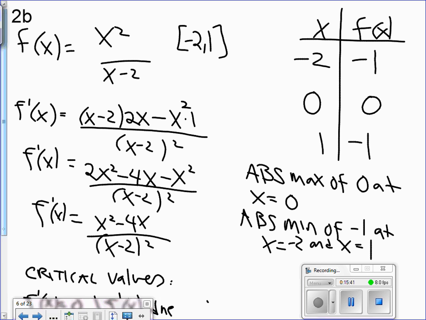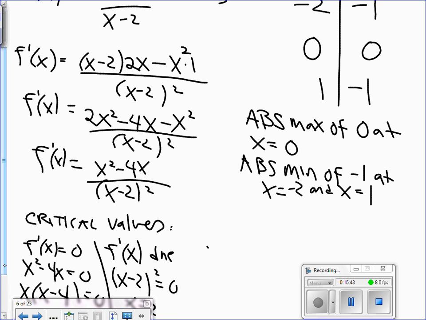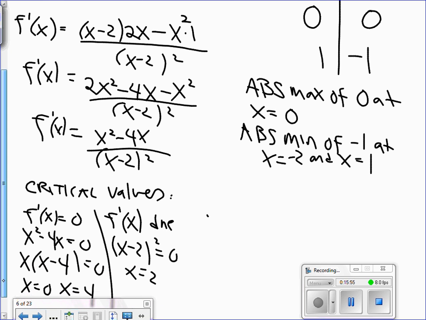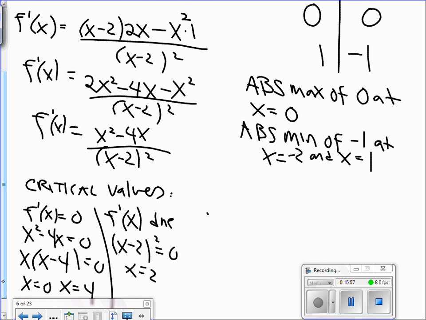When you clean up the first derivative, you get x squared minus 4x over x minus 2 squared. So critical values occur when either the numerator is 0, that would be at 0 and 4, or when the denominator is 0. That's a 2. There are 3 critical values, 0, 4, and 2. But you only care about the critical values between the endpoints.